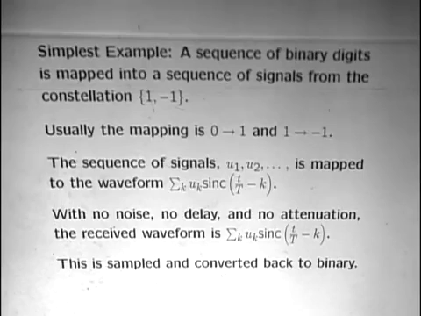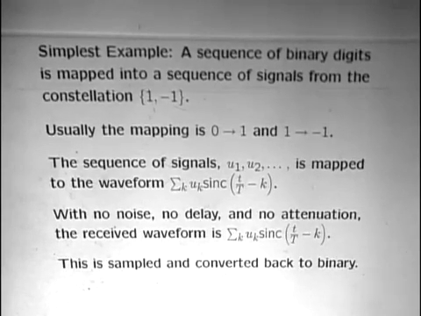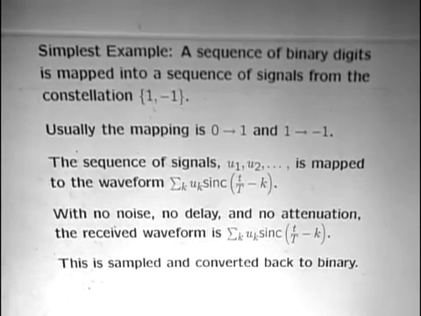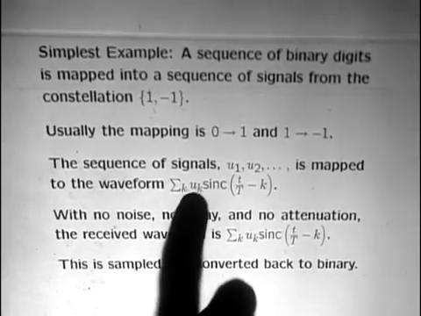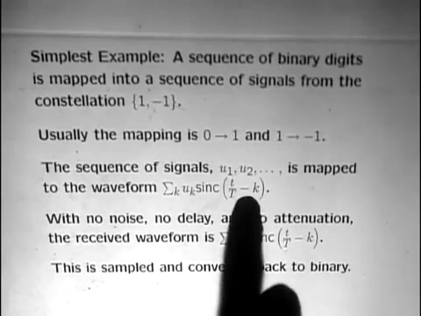Well, primarily so you can look at multiplication of signals in the same way as you look at modulo 2 addition of binary digits. It just turns out to be a little more convenient that way, and it doesn't make a whole lot of difference. The point is we're going from 0s and 1s to signals which are 1 and -1. Okay, then the sequence of signals is mapped into a waveform, which is the sum of u_k times the sinc function of t over capital T minus k.